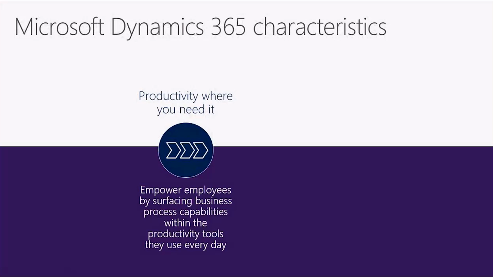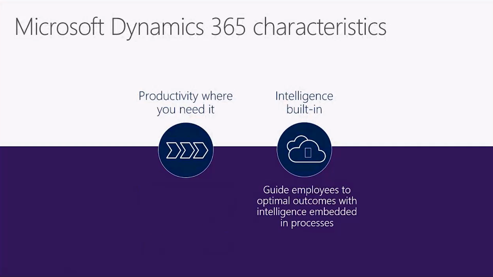So if we look at Dynamics 365, it has some pretty strong characteristics. First, it also focuses on productivity. So it has a much stronger integration with things like Office 365 and Power BI than we currently see with the NAV product. We can also see intelligence, so artificial intelligence or Microsoft machine learning is automatically added to the product.